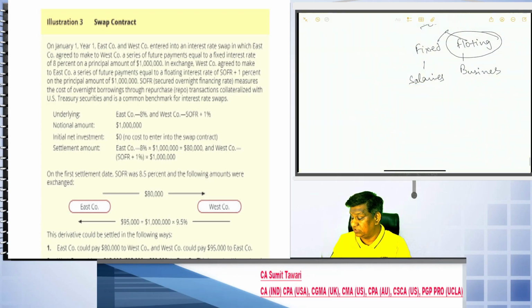But generally businesses can get the loan with a lower interest rate when the interest rate is fixed, while salaried people can get the loan with a lower interest rate when it is floating. So desired is this one, but they are getting this one.